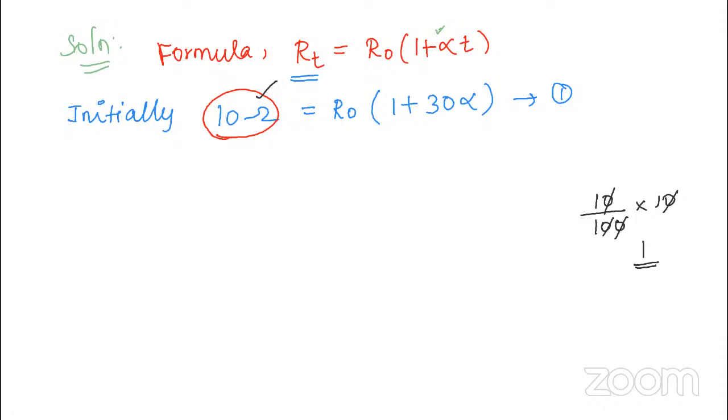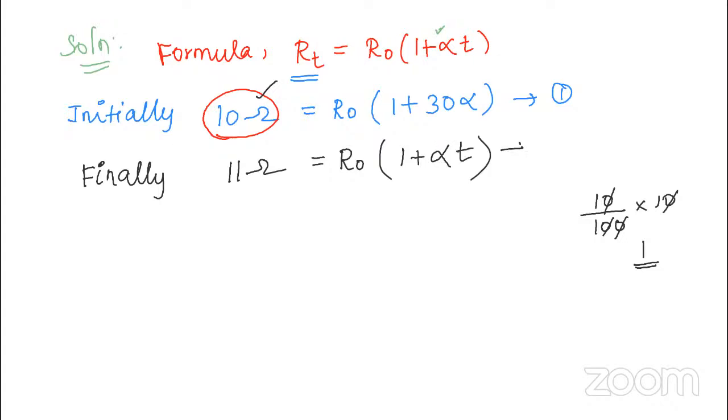So finally it is 11 ohm, with R naught. Then we have to find its temperature. In the problem they are asking for the temperature of the wire when R increases by 10%. We don't know the temperature, so we write alpha into T as it is. So this is expression 2.